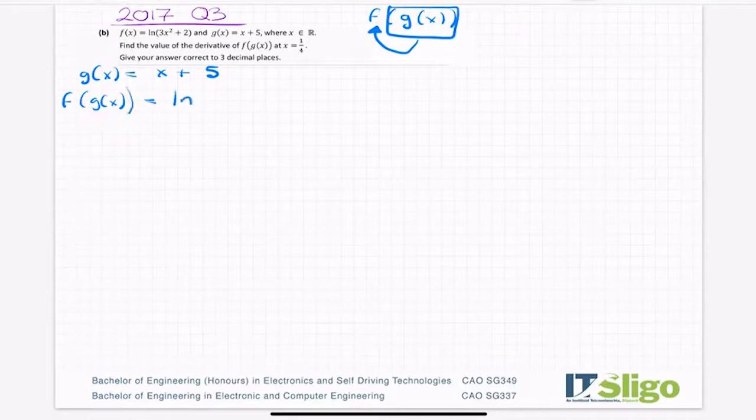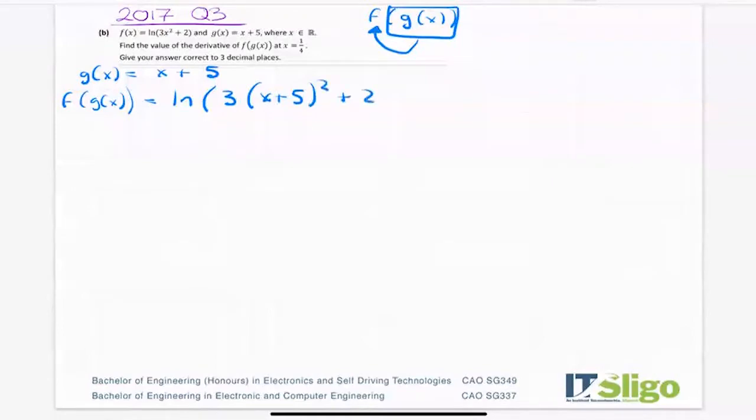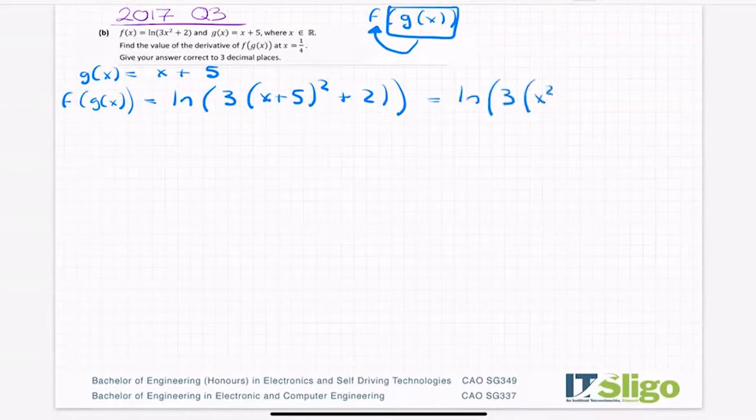Okay, so that will become ln of 3 times x plus 5 squared plus 2, which is ln of 3 times square the first, square the second, twice the product of the 2, and then you have to also add on that 2.